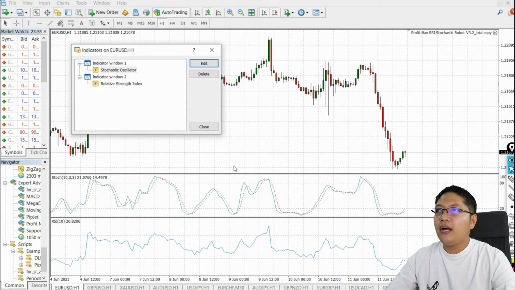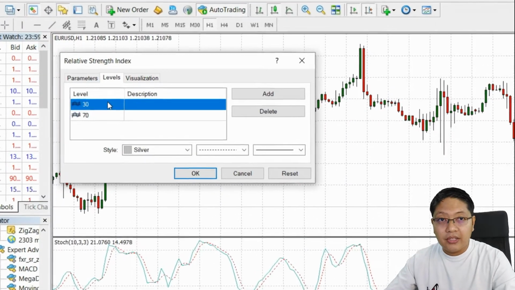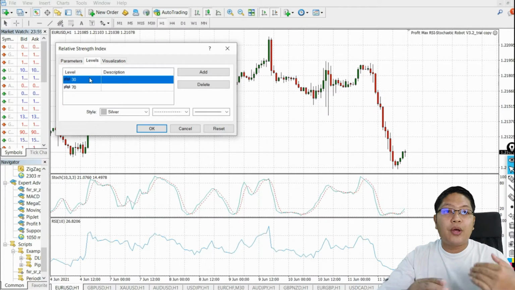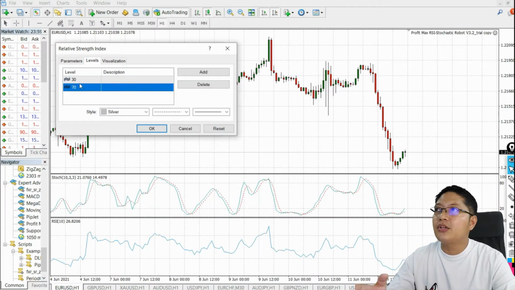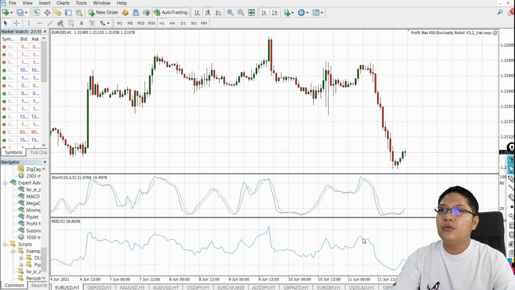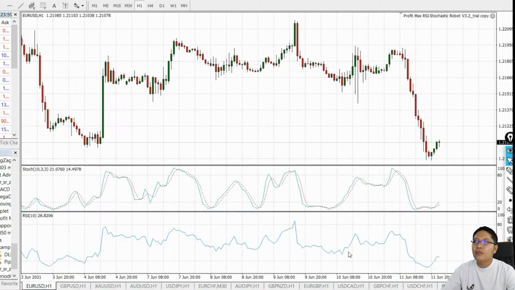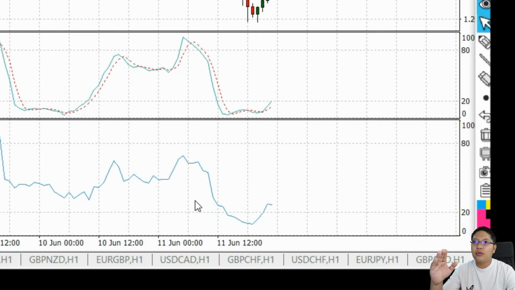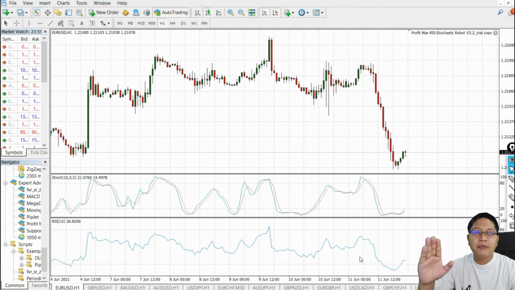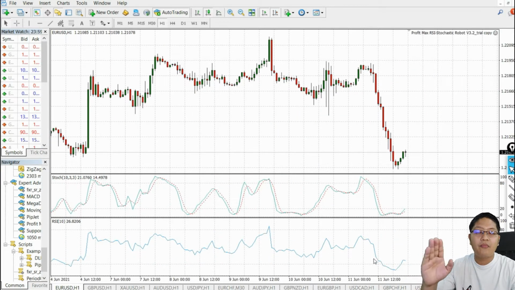For RSI as well, as you can see here, I put the levels at 70-30. For a tighter entry and tighter signals, you can make it 30-70, or you can change that to 20 and 80 as well. So it's up to you. You can change that, but for RSI, you have fewer signals if you're using 80-20 oversold and overbought levels.